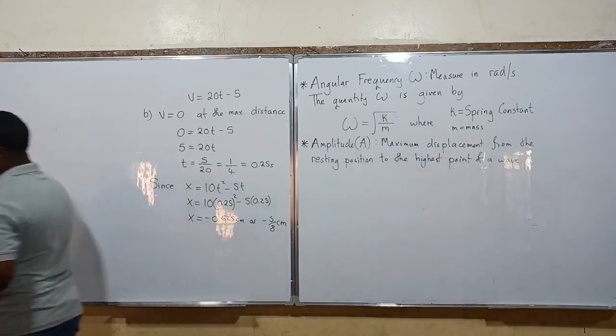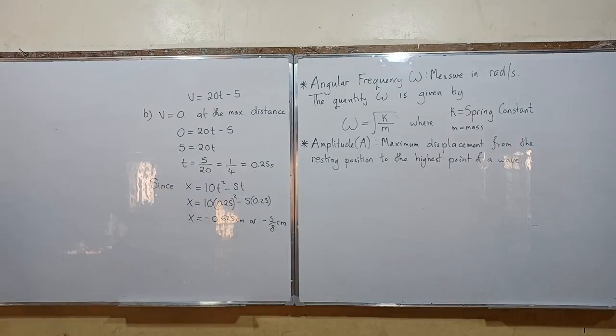So it can also be referred to in terms of a wave, but in simple harmonic motion, you can talk about the mean position. So the resting point is also known as the mean position.